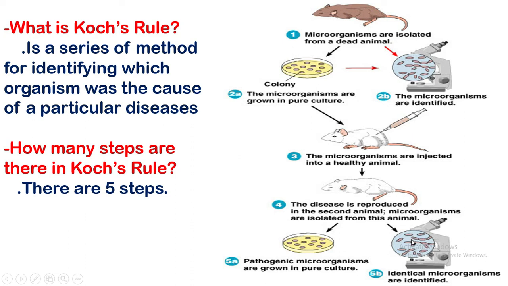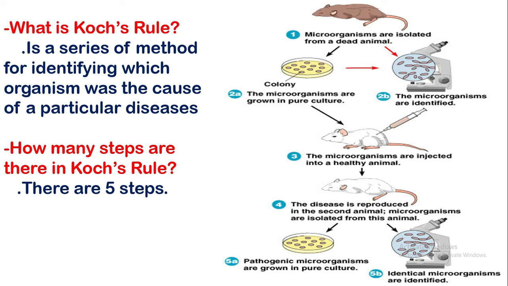After they take the photo or draw the shape, if this one is similar to the one they took from the first animal here, it's the same, it means the scientist can identify that this microorganism, this bacteria or virus, is the cause of this particular disease, okay.